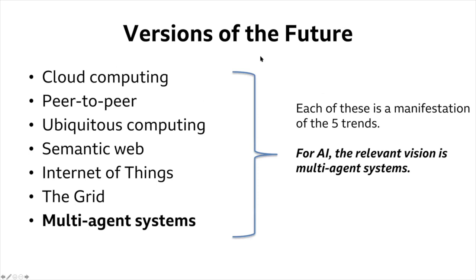And if you think about the different versions of the future, cloud computing, peer-to-peer, ubiquitous computing, the semantic web, the Internet of Things, and so on, the version that's most relevant for us is called multi-agent systems.